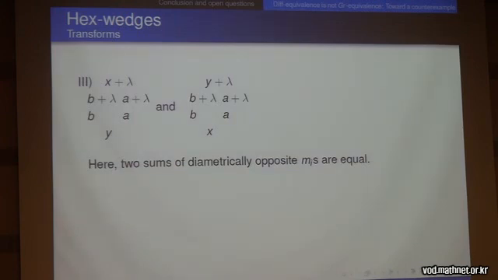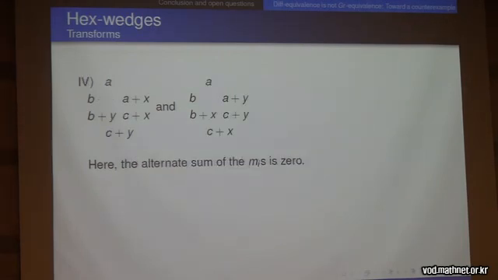Here is A plus B plus lambda and B plus A plus lambda. And here you can see that the alternate sum is 0. So this is completely described.